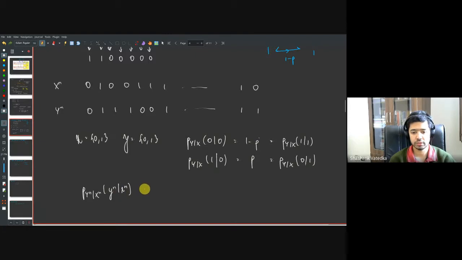So what would this look like? Is it possible to somehow get an expression for this in terms of p, n, and maybe something else? It of course depends on the x^n and y^n, but what does it depend on?